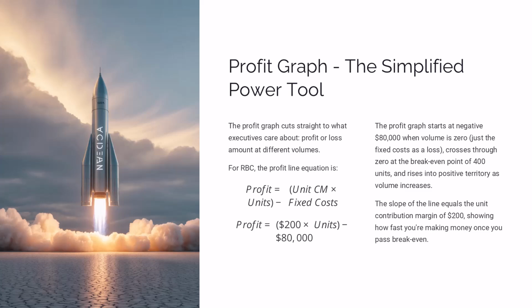Because while the full CVP graph shows everything, the profit graph cuts straight to what executives actually care about. Am I making money or losing money, and by how much?